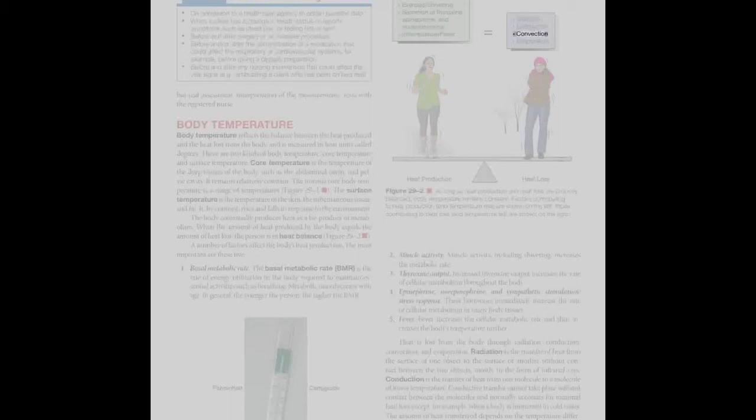Radiation, conduction, convection, evaporation, heat loss. Figure 29:2 As long as heat production and heat loss are properly balanced, body temperature remains constant. Factors contributing to heat production and temperature rise are shown on the left. Those contributing to heat loss and temperature fall are shown on the right.